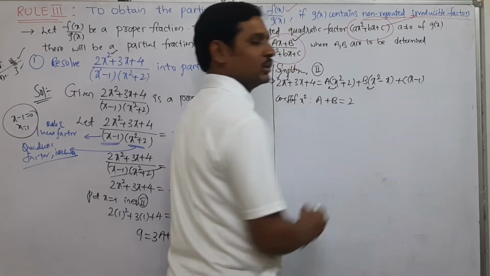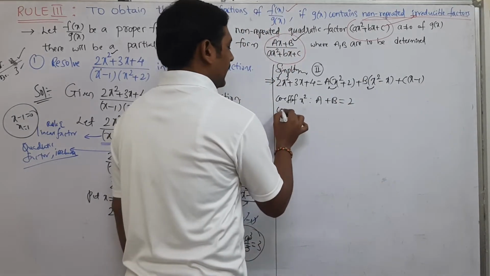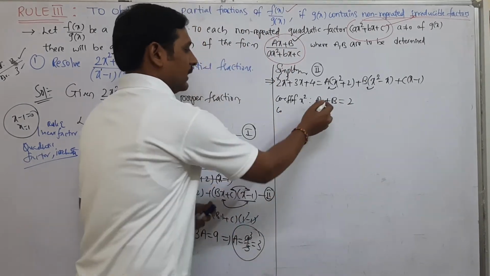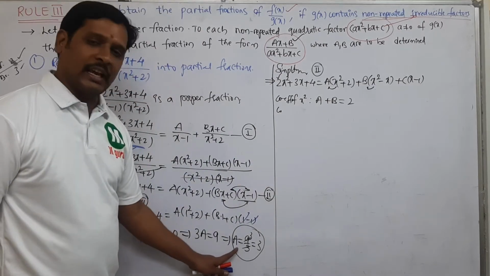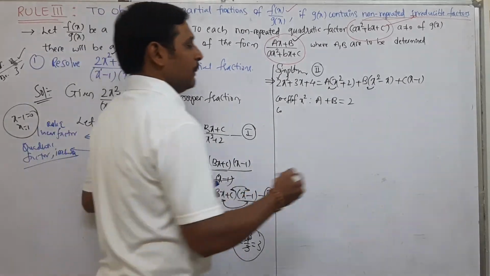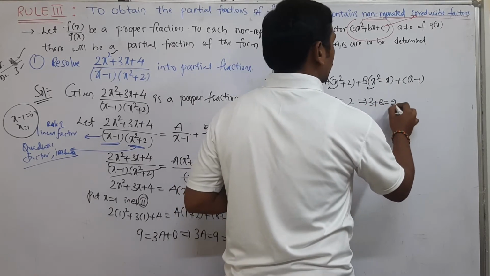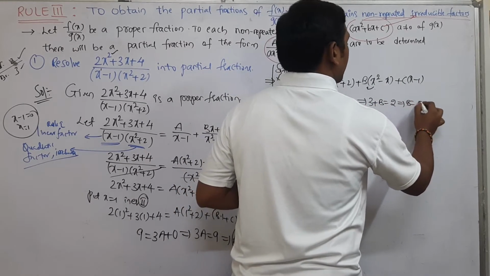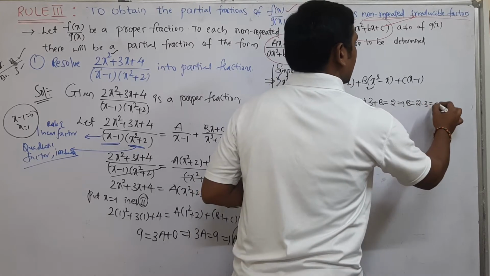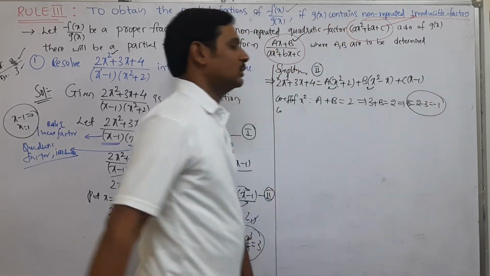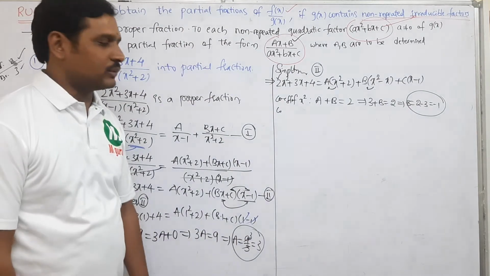So a plus b is equal to 2. What is the a value we got here? 3. Let us replace it here. If you replace a value as 3, 3 plus b is equal to 2, nothing but b is equal to 2 minus 3, nothing but minus 1. So we got b value as minus 1.